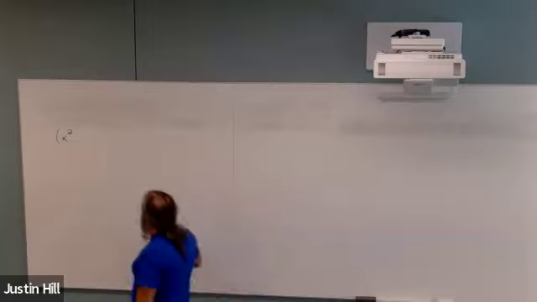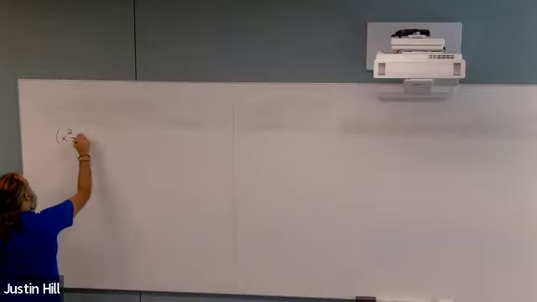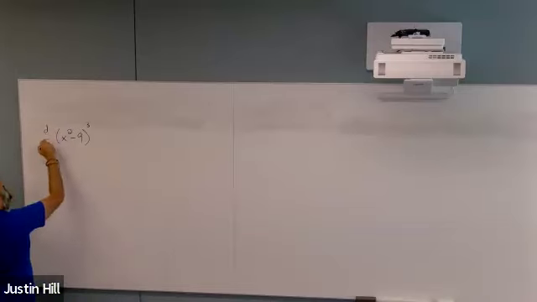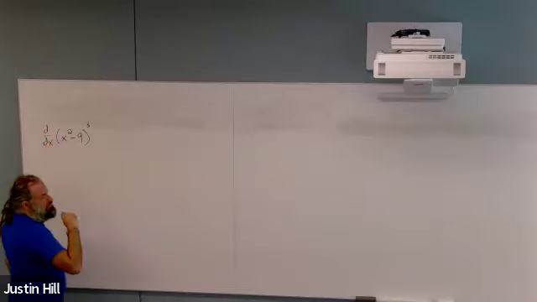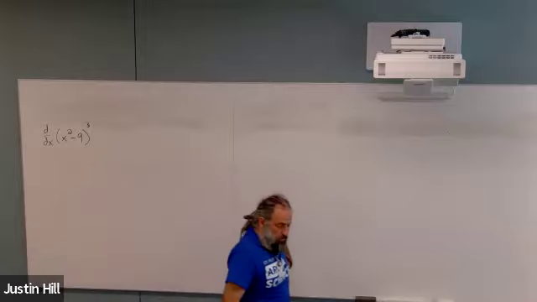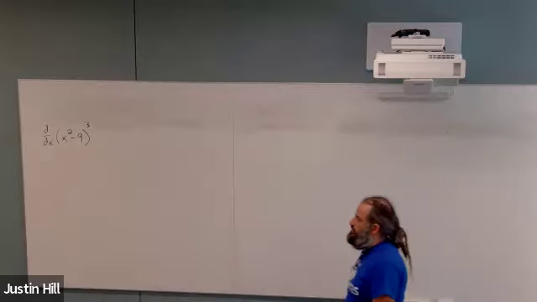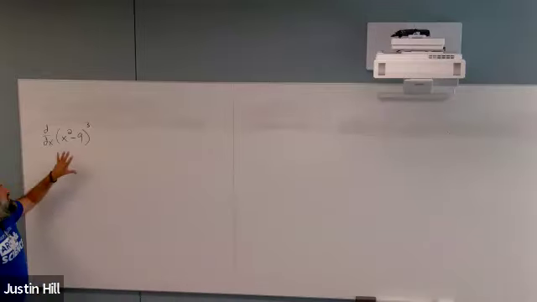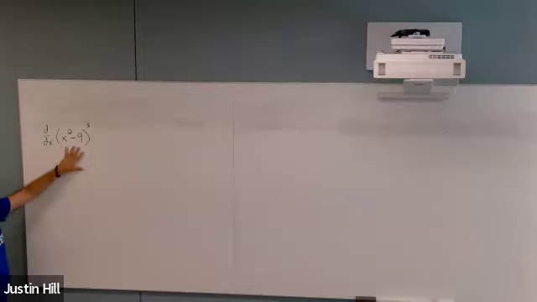Let's say you have the function x squared minus 9, cubed, and I want you to take the derivative of this. We want to do d/dx of this. So again, going back to your Cal 1 class, this at least looks decently simple to begin with because it's just a polynomial.